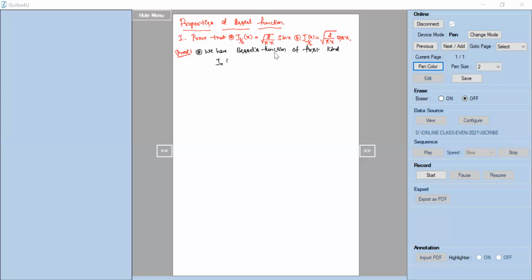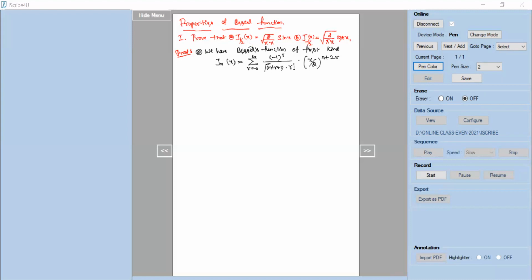Jn of x equals sigma r equals 0 to infinity, minus 1 whole power r divided by gamma of n plus r plus 1 into r factorial into x by 2 whole raised to the power of n plus 2r. This is called the Bessel function of first kind, Jn of x. This is the general formula.